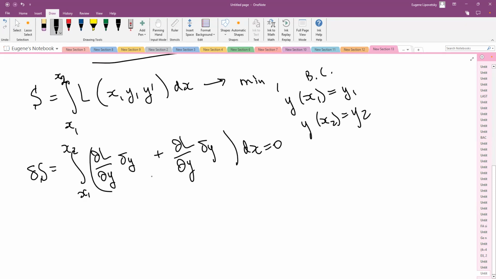And we'll write down the second integral from x1 to x2 of dL over dy prime delta y prime dx, which will be equal to, we'll go by parts.